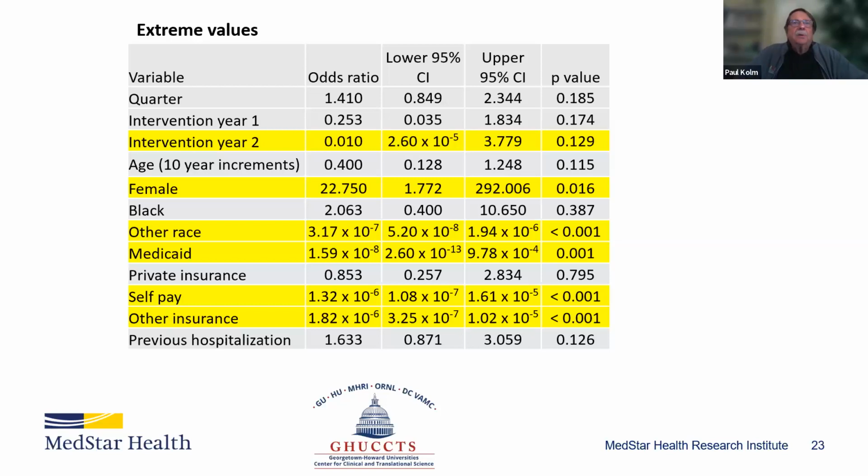You see that the odds ratio is really quite large, and the confidence interval is really, really wide, from 1.8 to 292. So whenever you see something like this, where you get extremely small values for the odds ratios and confidence intervals, or really huge values, there are issues there that you need to look at as far as interpretation.